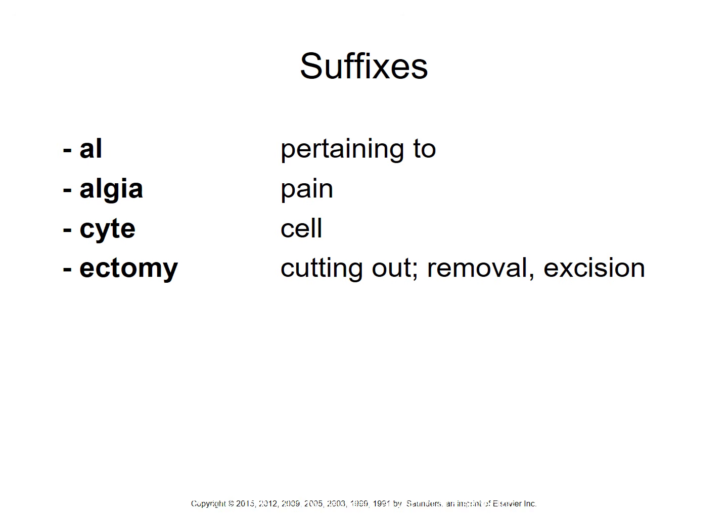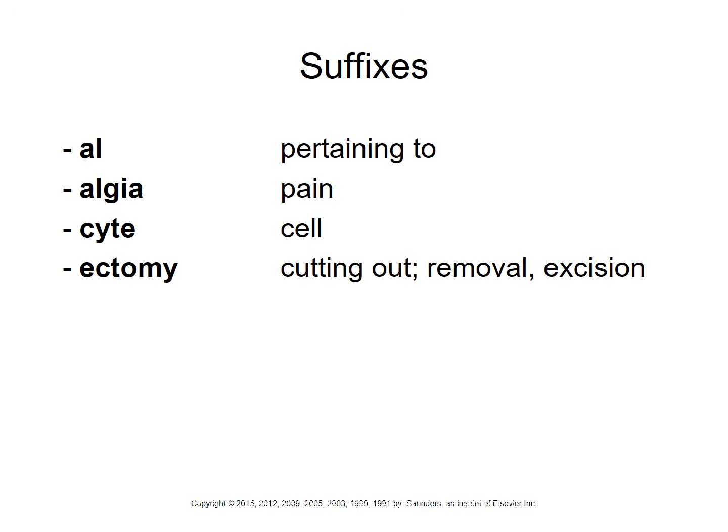Here's a term that I've talked to you about already when we talked about the erythrocyte or the leukocyte. Cyte means cell. The next term is very, very common, ectomy. Ectomy means to cut out, to remove, to excise. A common one is an appendectomy. Perhaps you've heard of an appendectomy.